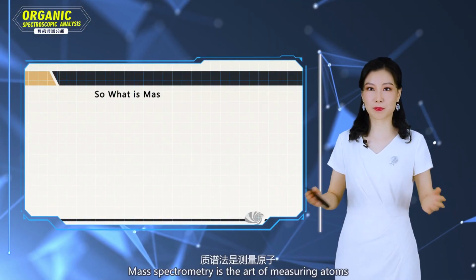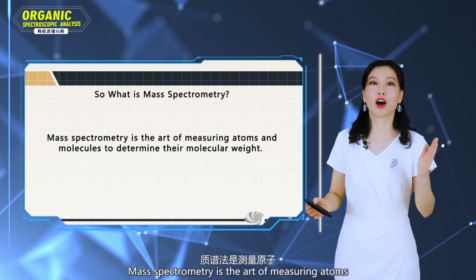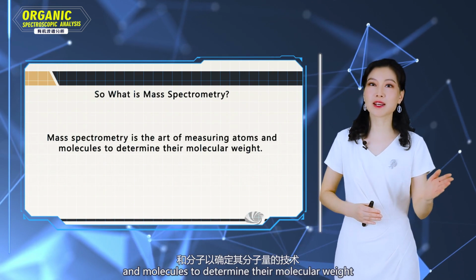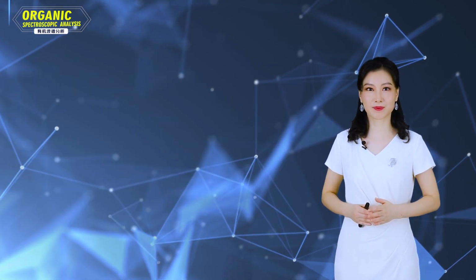And its big advantage is that it is able to determine the mass, to weigh individual atoms and molecules, which, when you stop to think about it, is quite a feat because these individual atoms and molecules are really very small. He said, mass spectrometry is the art of measuring atoms and molecules to determine their molecular weights.